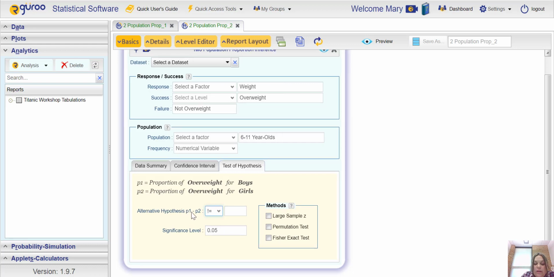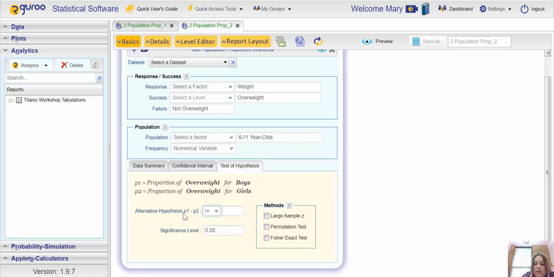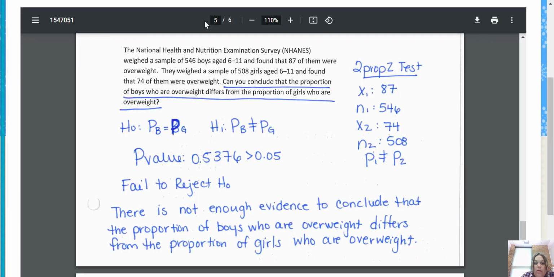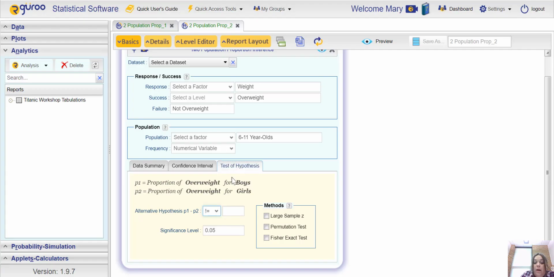And if you look here to the left of this, it says P1 minus P2. Now I know we write our null and alternate like this, but going back here, if we're implying there is a difference or is not a difference, if there is not a difference, the difference would be 0 when you subtract the two.